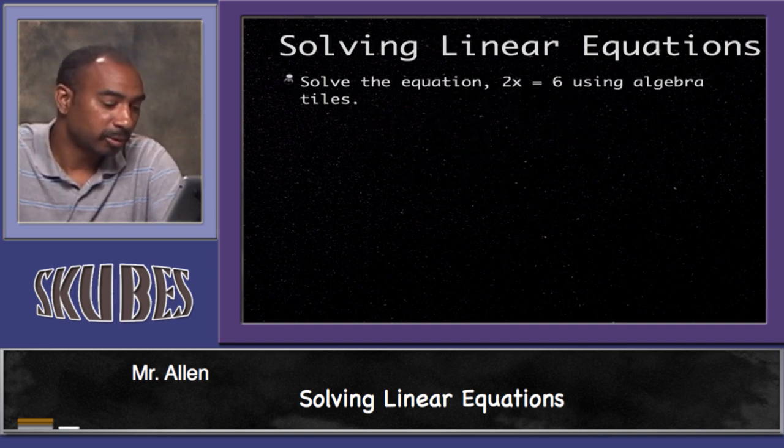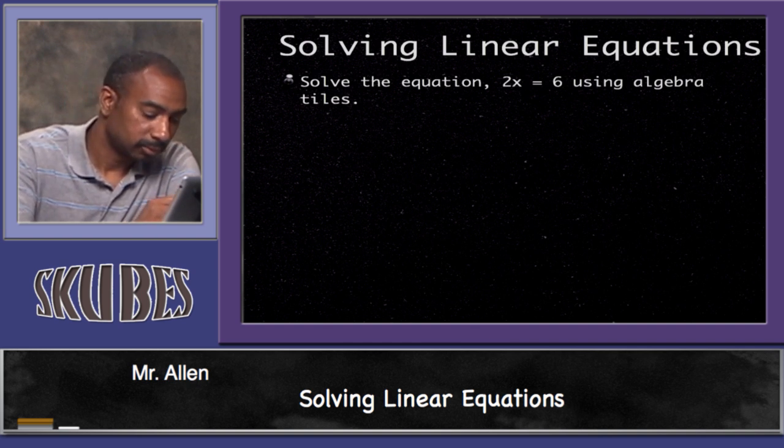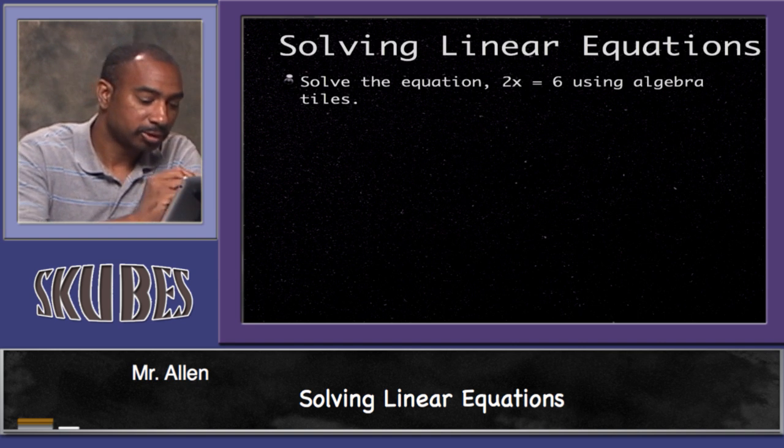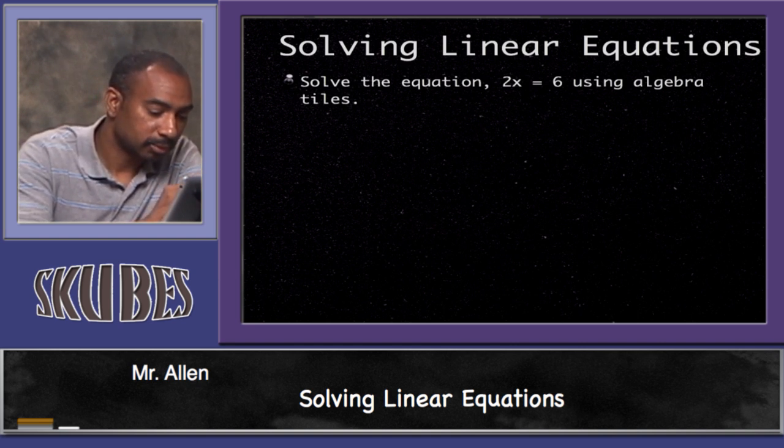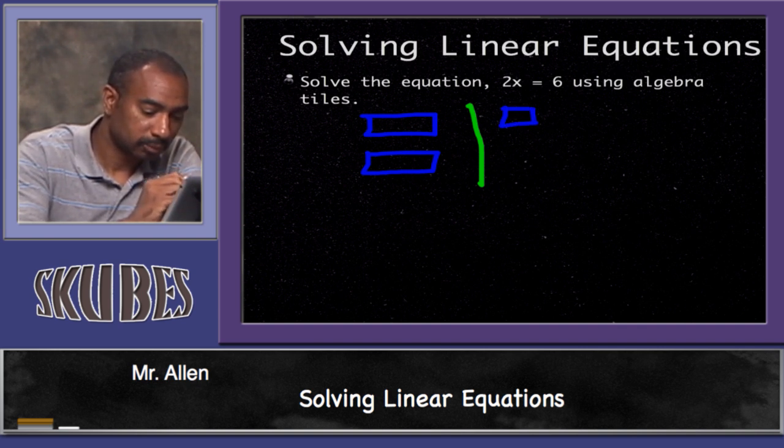All right, solve the equation 2x equals 6 using algebra tiles. I have 2 x's, so I can lay it either way. I'm going to lay it down horizontally. I have 2 x's, and here's my equal sign, and then I have 6 ones.